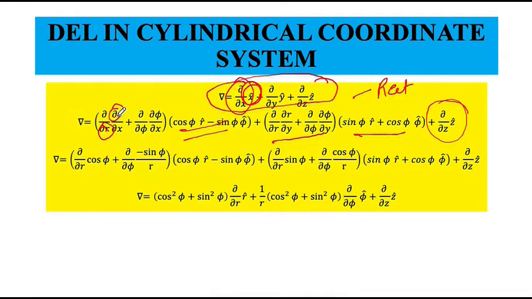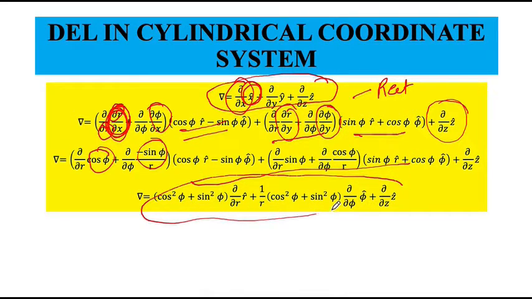Now in this, dr by dphi we have calculated in the last slide. So we will put the values of those also: dphi by dx, dr by dy, dphi by dy, partial differentiation of phi with respect to y. Okay, so we put all the values and we can calculate the value of the del operator in the cylindrical coordinate system.